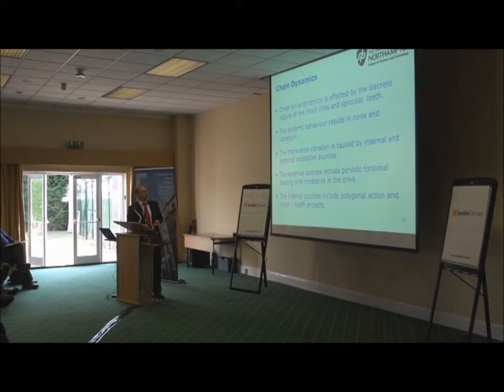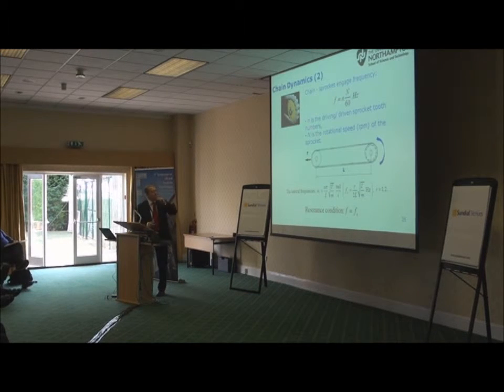We'll be talking here about transverse vibration of the chain, which can be caused by any internal or external features. What is external would be, again, something which is unbalanced, and a periodic torsional loading in the system. Okay, so let's have a closer look at the chain dynamics.